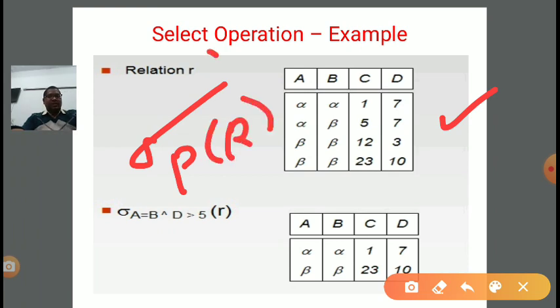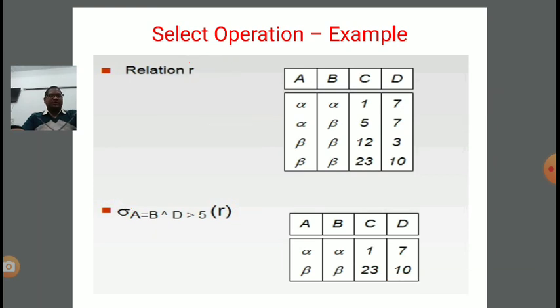Here the name of the relation is R, so R in brackets, the operation sigma, and the condition is A equal to B, so A and B values should be the same.